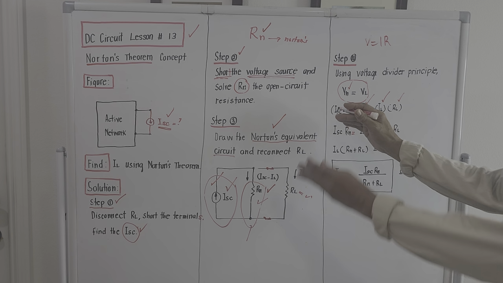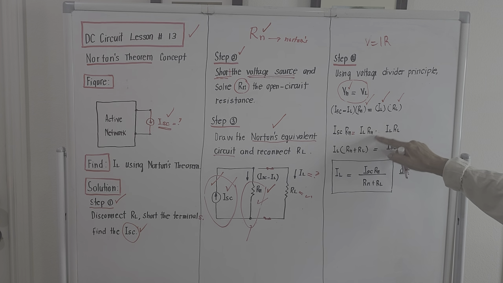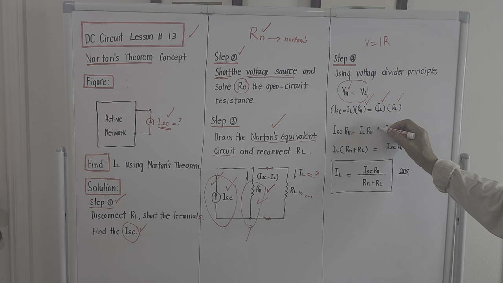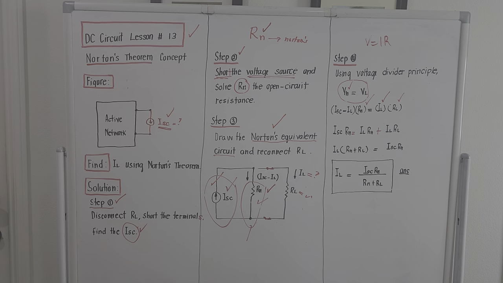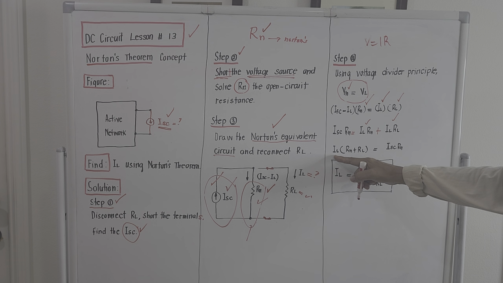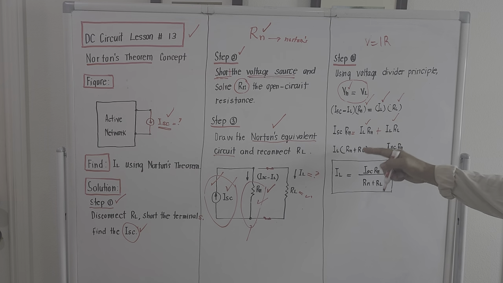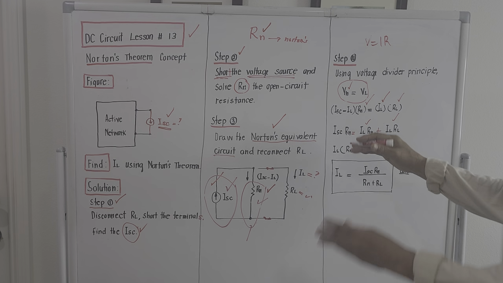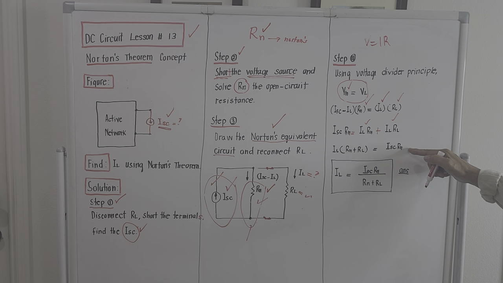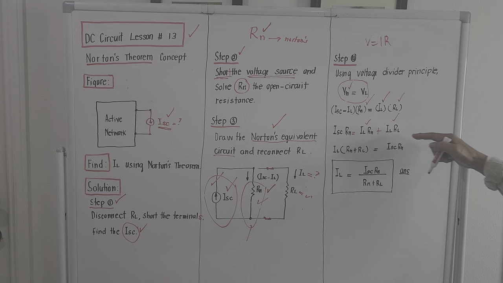This is now plus because we transpose it on the right. Right? The common factor is I sub L. That's algebra. I sub L times the quantity R_N plus R_L, close quantity, equal to. The left hand side, we just rearrange it. We put it on the right: I short circuit times R sub N.